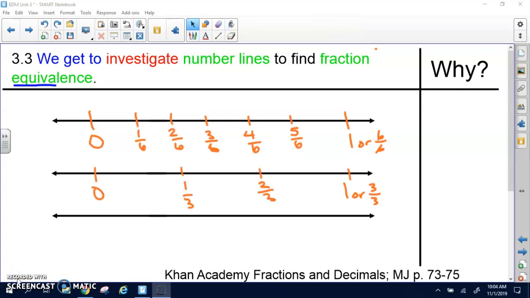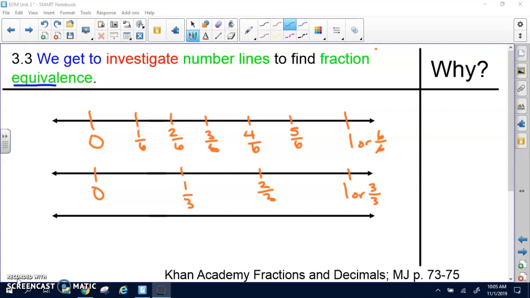Here's the beauty of these number lines. They function almost exactly like those fraction cubes. When you're looking at thirds and sixths, for instance, we talked about all these multiplication factors and multiples. Usually when you're working with fractions, you can find equivalent fractions easily with multiples.